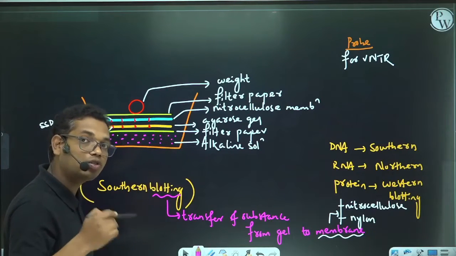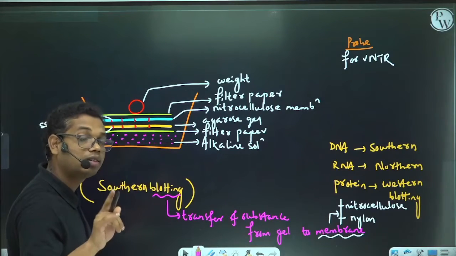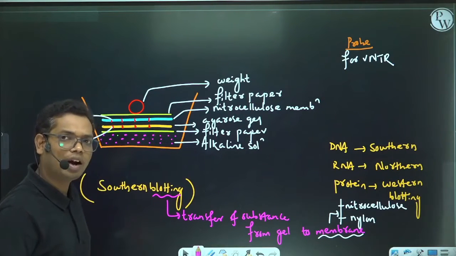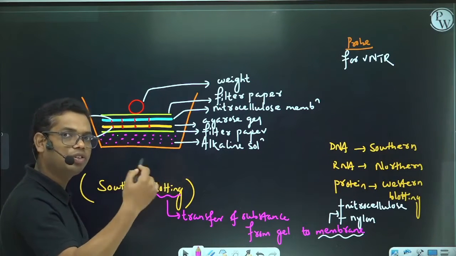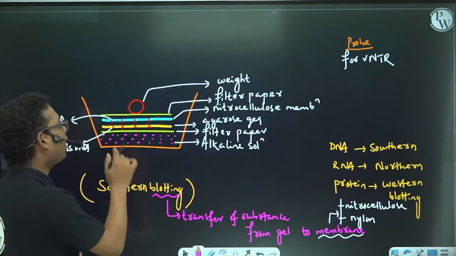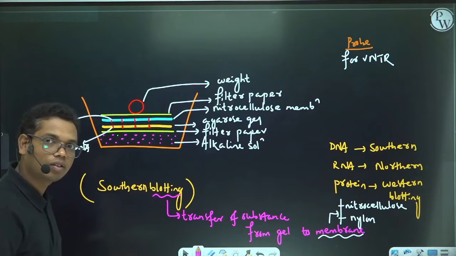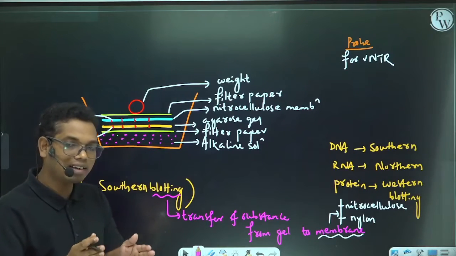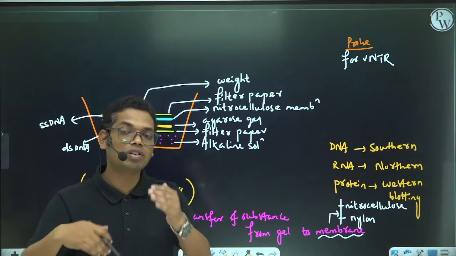Now the solution will cross the nitrocellulose membrane, but the DNA cannot cross the nitrocellulose membrane. So the DNA fragments which were carried by the solution will remain attached to the nitrocellulose membrane.